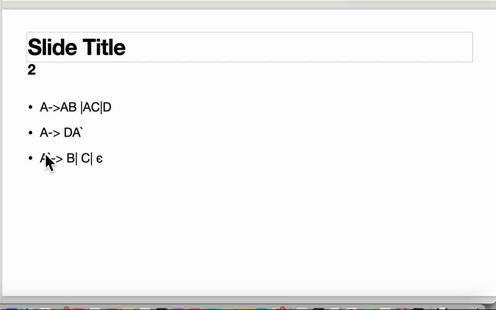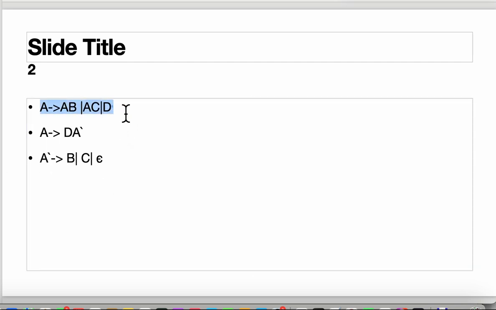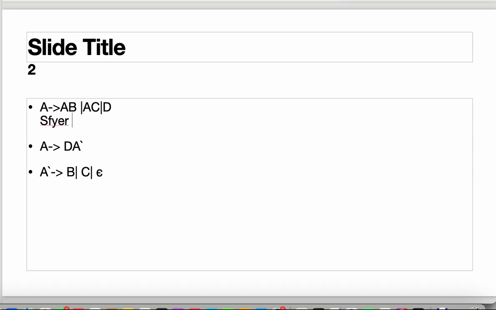The same thing we have here, example 2. Now there are three terms for a given production.